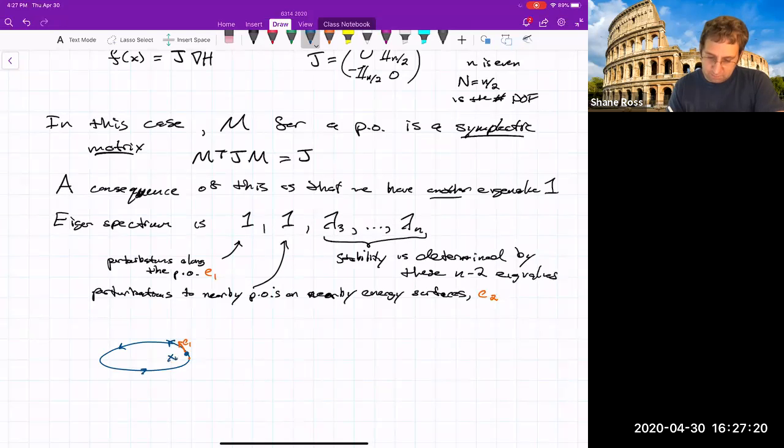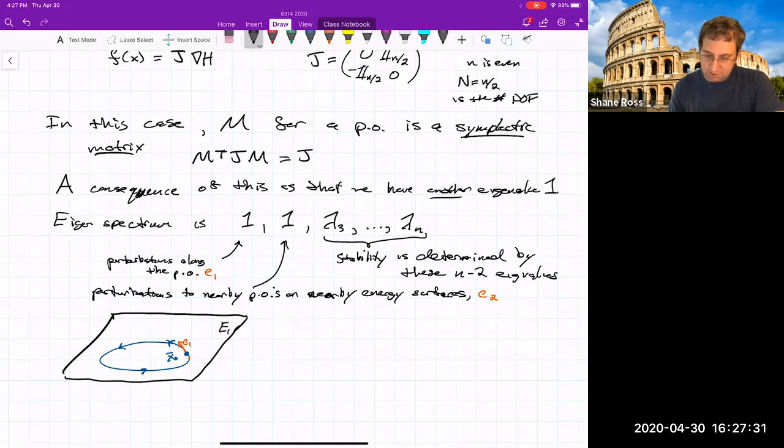Here's x bar naught, because we're always evaluating at some particular initial condition point. This is all living on a particular energy surface. So let's call this energy surface E1. This is an n minus 1 dimensional energy surface.